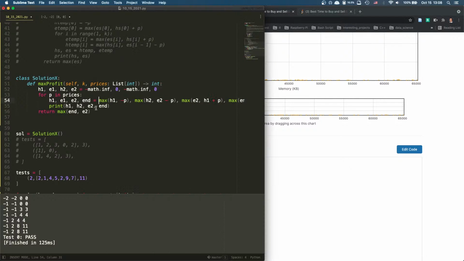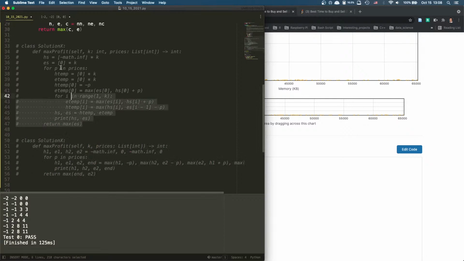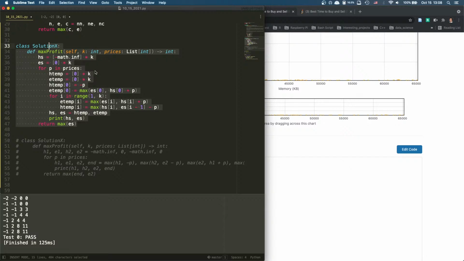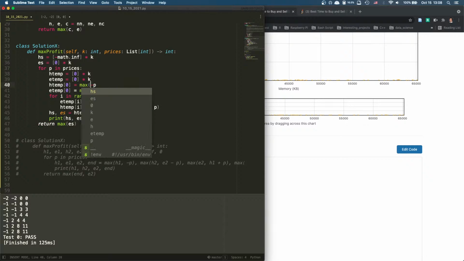That's the problem. I forgot to go max. That's not minus P because H1 also can go by itself. So it has to be max of 0 and minus P.